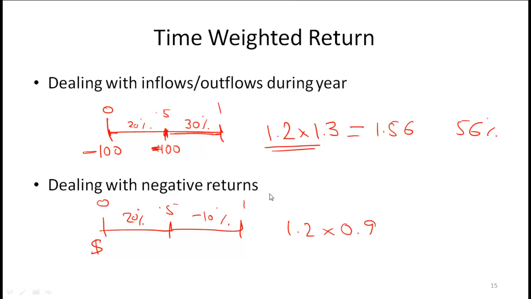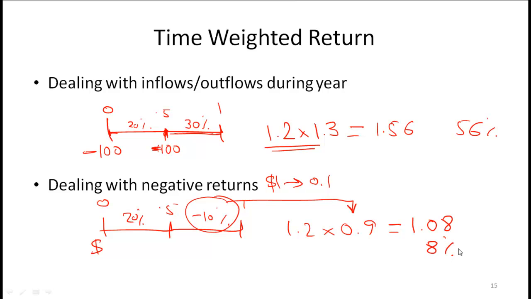Losing 10% meant that your $1 becomes 0.9. So for minus 10%, you put in a 0.9. So your return for the year will be 1.2 times 0.9, which is 1.08. So overall during the year we have an 8% return. So that's our time weighted return.